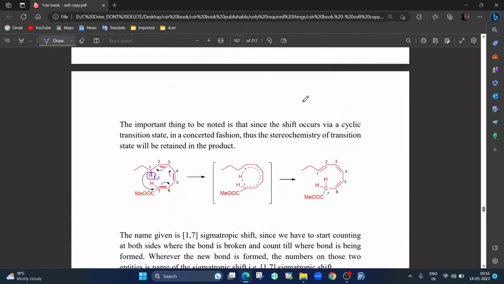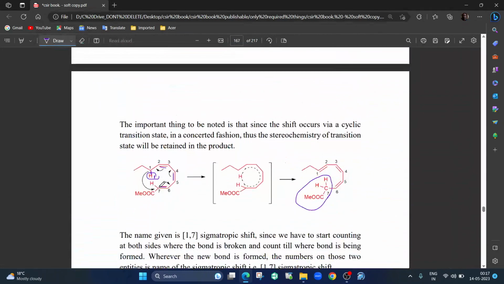Now we are least bothered whether the attack occurs antarafacially or suprafacially, because the hydrogen is being added on this carbon, it is getting 2 hydrogens, so it is not at all chiral. If it was chiral, then it makes a lot of difference whether the hydrogen is coming from the front or away from the viewer. Here that does not matter.